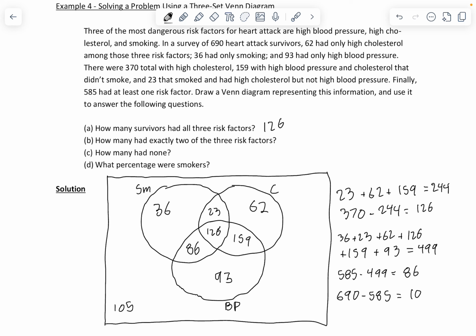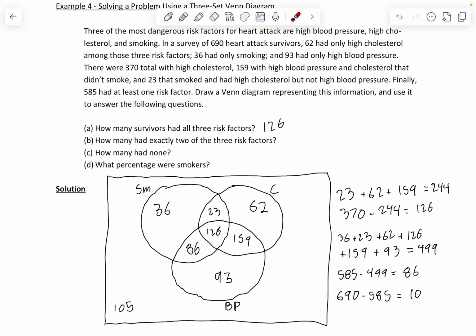How many had exactly two of the three risk factors? For that, I have to add up the numbers in the regions where exactly two overlap. So 23 had smoking and cholesterol, 159 had high blood pressure and high cholesterol, 86 had high blood pressure and smoking.